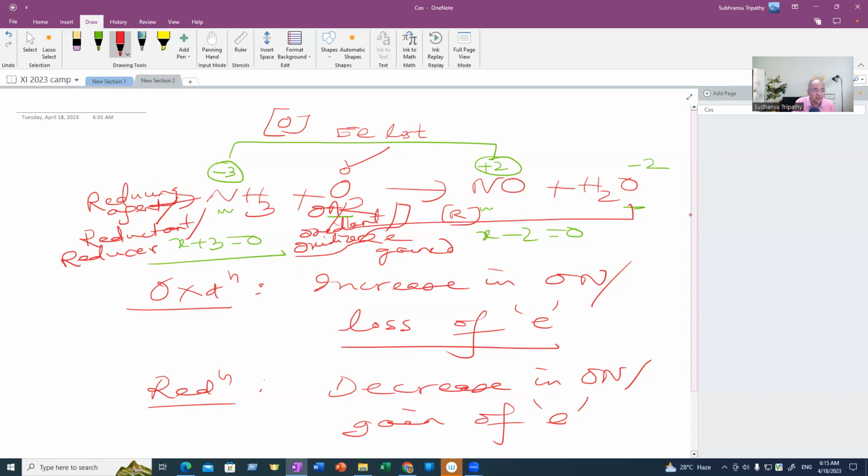So therefore this process is oxidation, and oxygen has gained hydrogen, therefore it is reduction. We were never told in our time that there is an electron gain and loss concept to describe oxidation and reduction. Simply gain of oxygen or loss of hydrogen is oxidation, gain of hydrogen and loss of oxygen, the opposite of the previous one, is reduction.